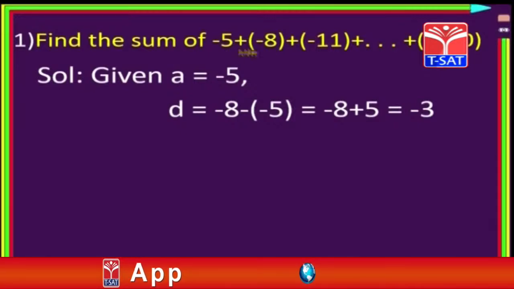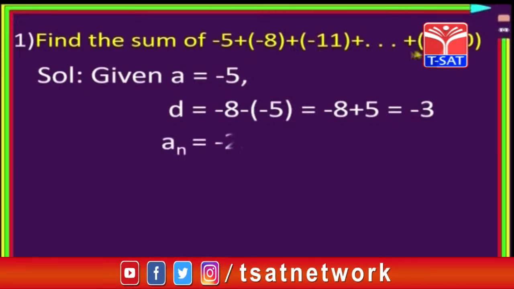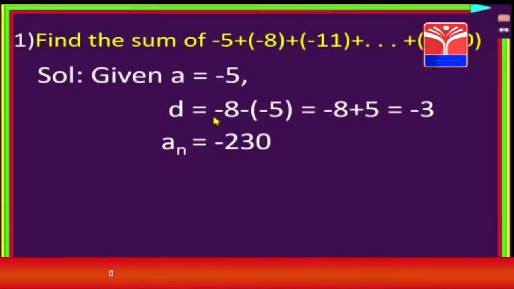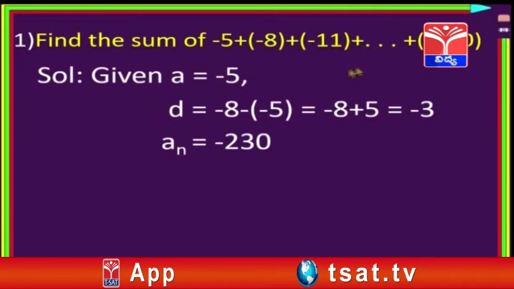So from this sequence we have identified a, and we have identified d, and what is this? This is the last term, right? an, that is the nth term, that is minus 230. To find the sum of this given expression, first of all we should find how many terms there are. After that we are going to find the sum of n terms.